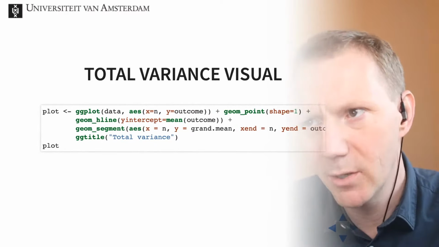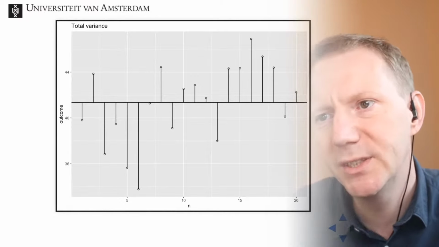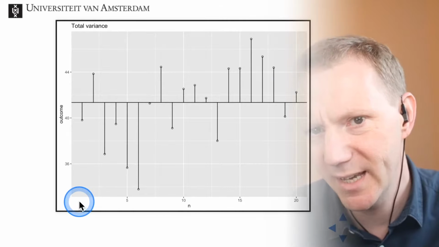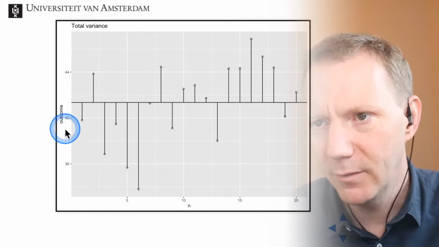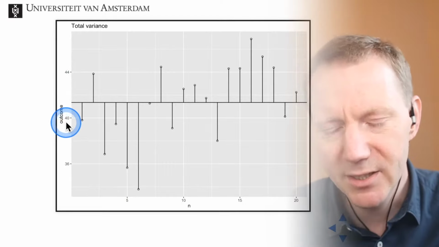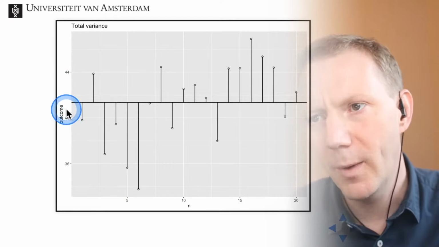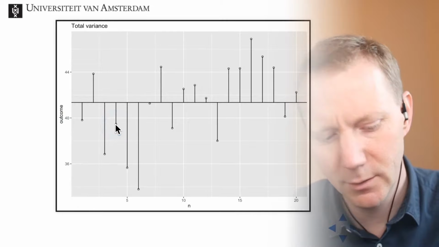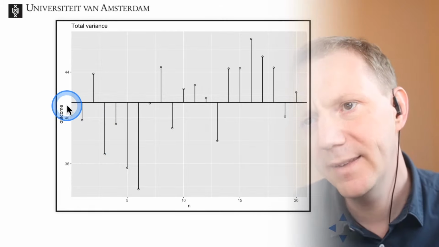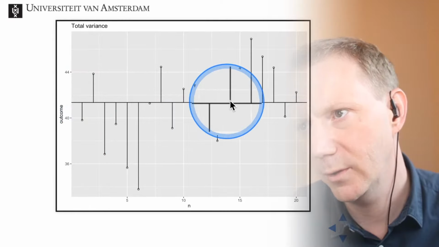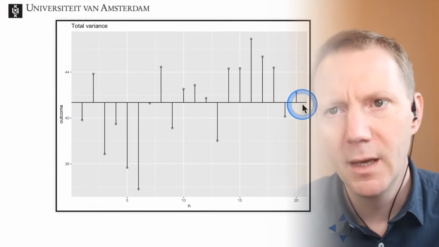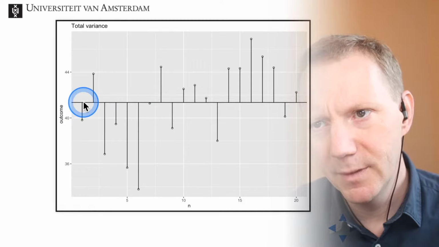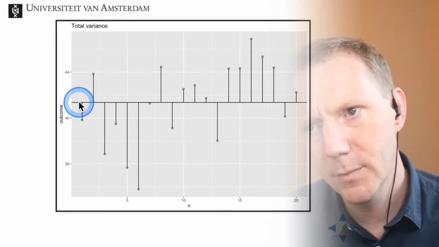But let's visualize this again. We've done this before, where we see the individual people on the x-axis, and the dependent variable, the outcome, in this case extroversion score, on the y-axis. You have the scores of the individual people as the small dots, and the total group mean we see as a horizontal line. What we're trying to explain, just like last week, is the deviation from that mean.